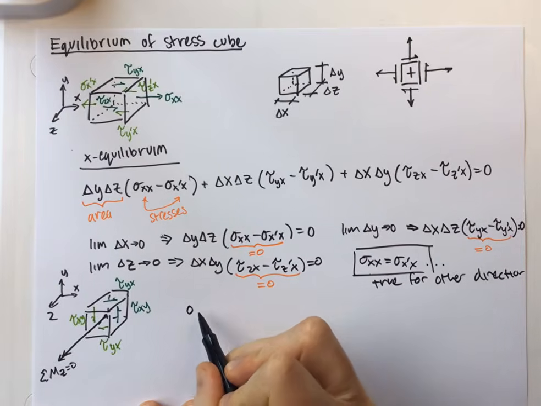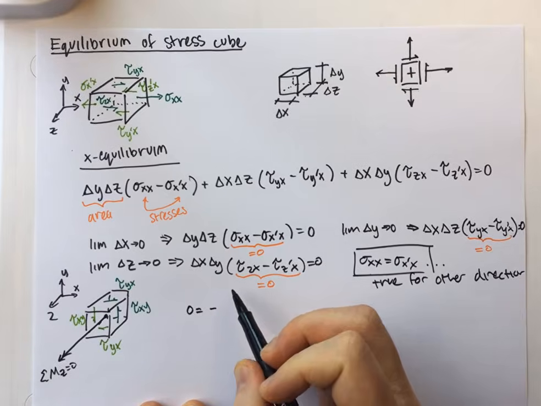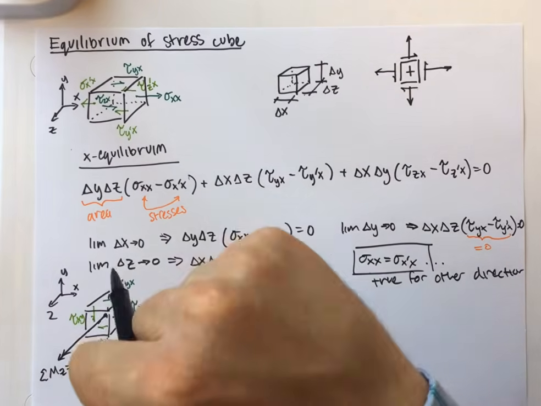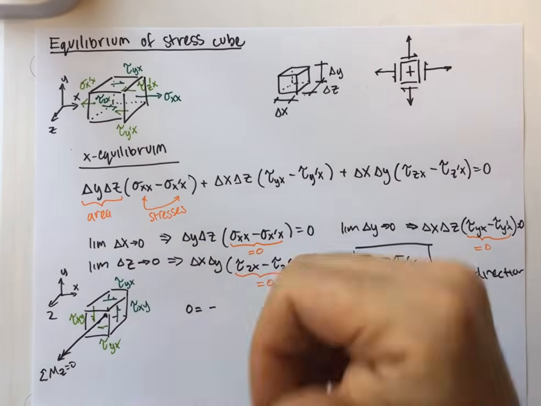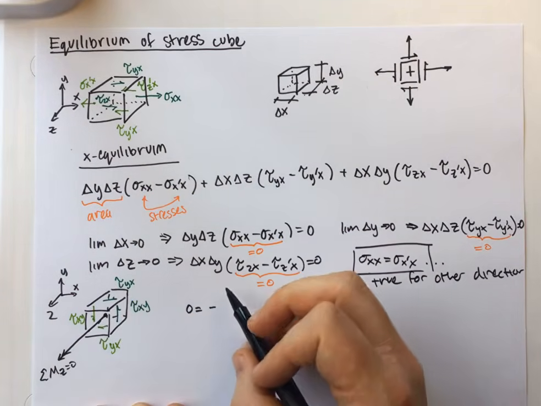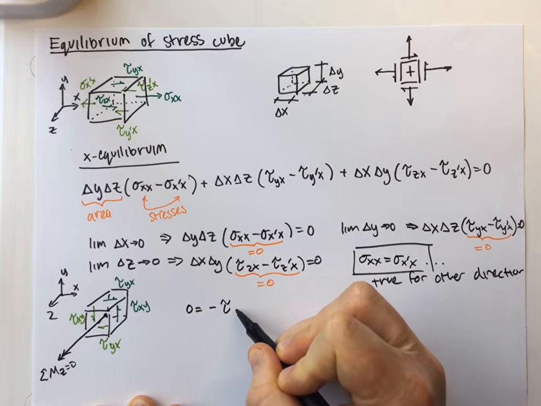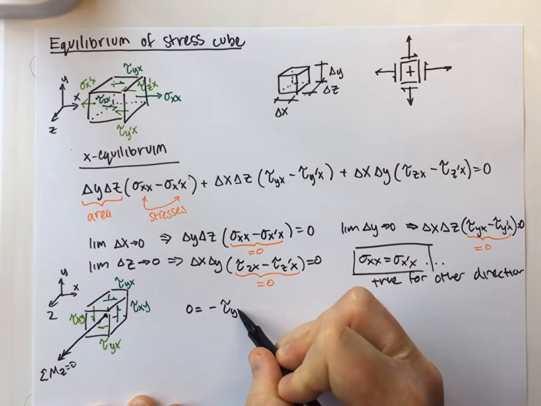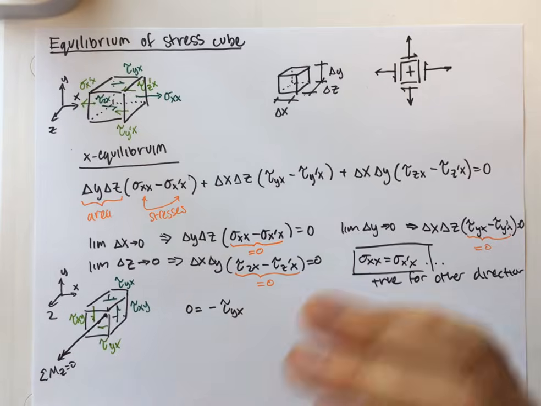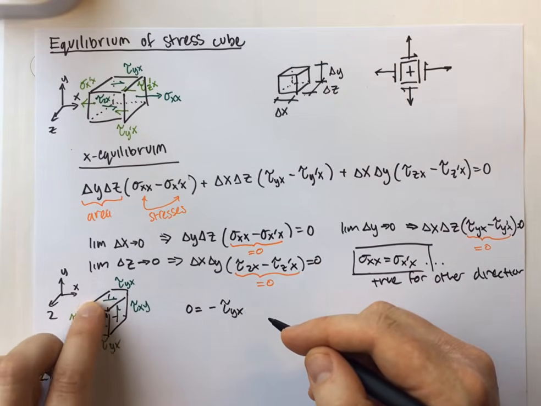So what we end up with for our sum of the moments is 0 is equal to, let's assume that we're going to use our right hand rule. So we can use our right hand, our thumb, and that's going to be a positive rotation. So we end up having a negative tau yx. That's going to be the top, right? That's opposite our right hand rule. And what is the area of that top?